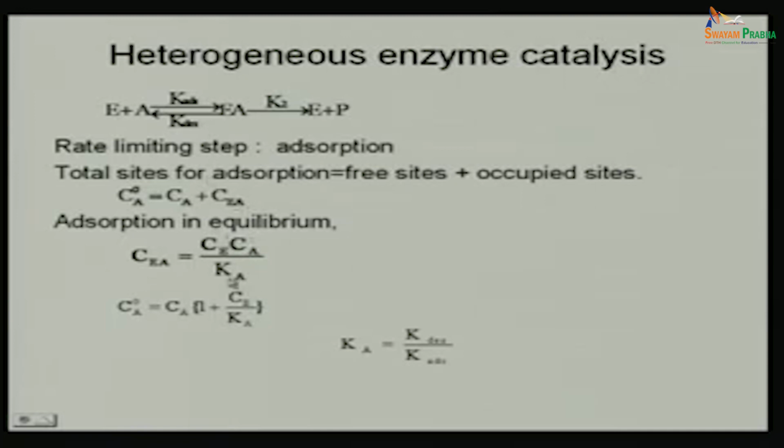Then you can go back like we did last time and substitute the equilibrium relation over here and get a relationship between Ca naught and Ca and Ce, right? And Ka here is the adsorption equilibrium constant, which is the desorption rate constant over the adsorption rate constant. The final thing you will get is Ca in terms of the free sites, the total sites and the amount of enzyme.